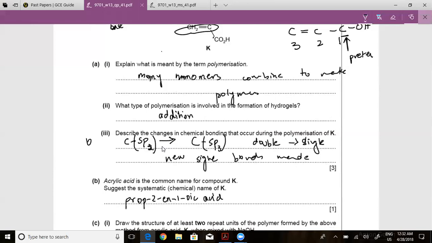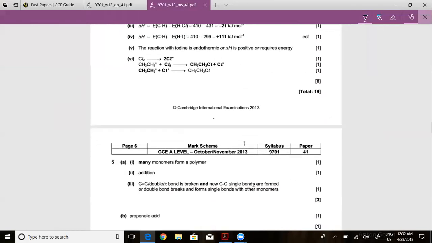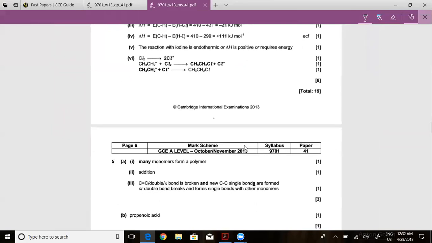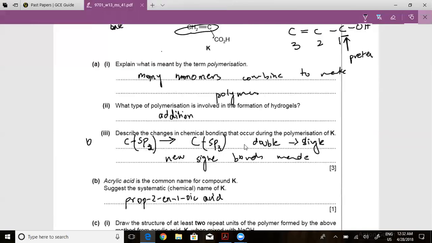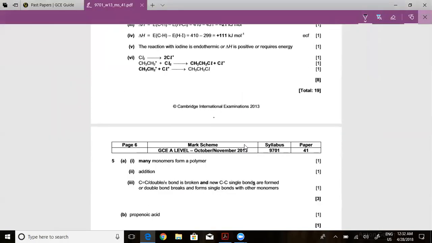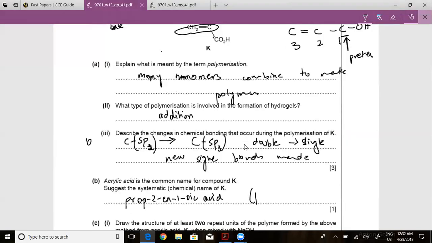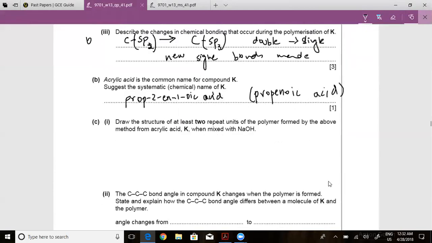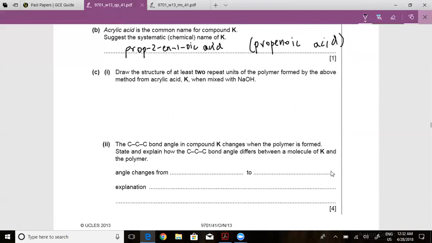Let's check because I'm not even sure that I did this. They're like, screw that, just write that it's propanoic acid. Always remember you have to separate numbers with letters by dashes. Okay, this is the rule.